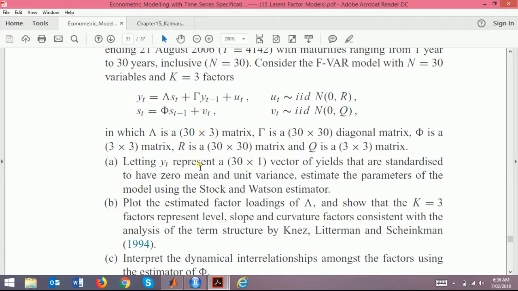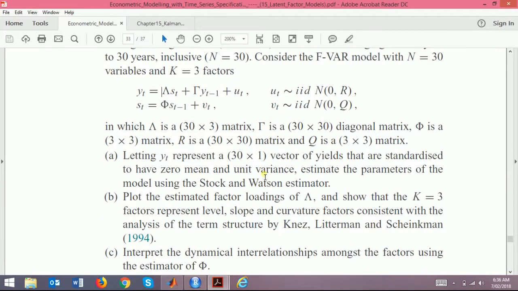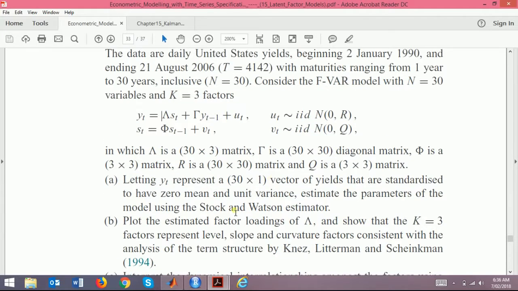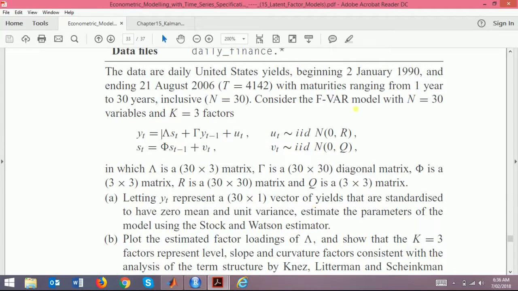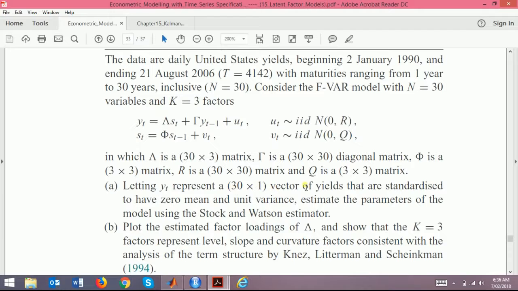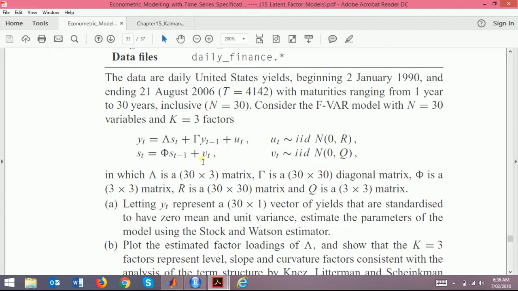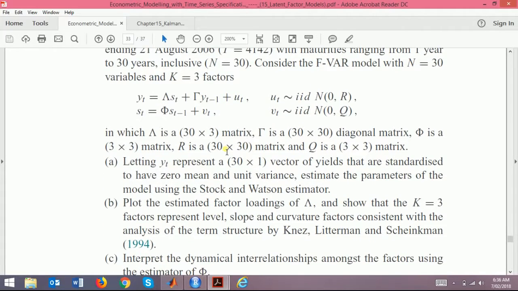So letting Y represent a 30 by 1 vector, because we have n equal to 30 here, one column, a 30 by 1 vector of yields, 30 rows in one column, again because of 30 years. So Y represents the variables, and the 3 factors come from a 30 by 1 vector of yields that are first standardized to have zero mean and unit variance.